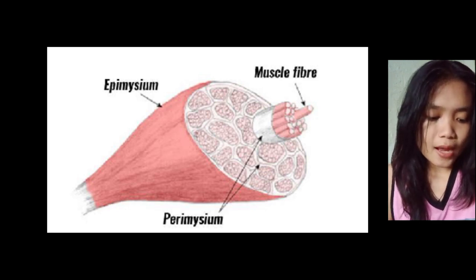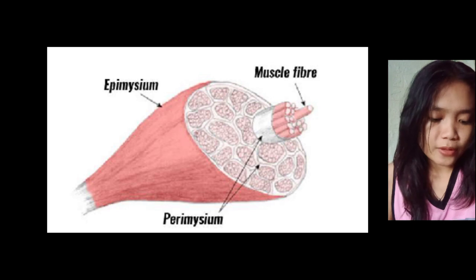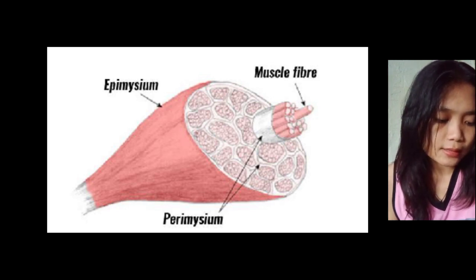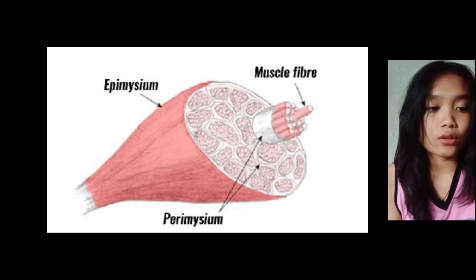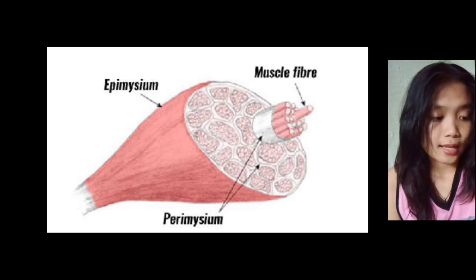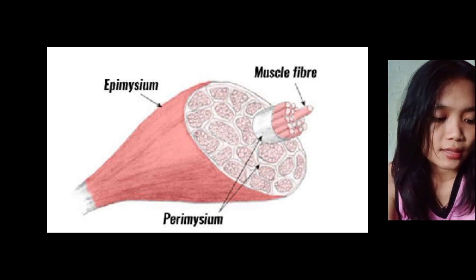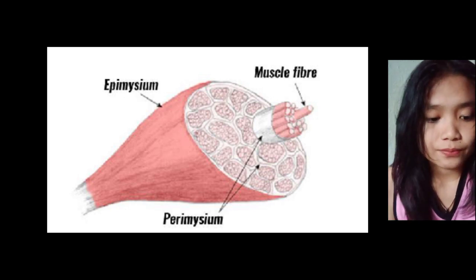Dark A bands and light I bands repeat along myofibrils, and the alignment of myofibrils in the cell causes the entire cells to appear striated or banded.